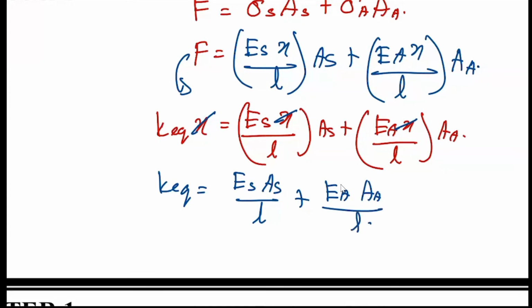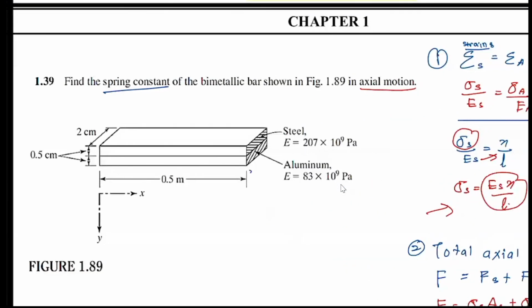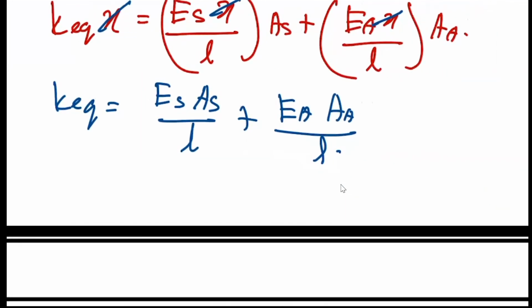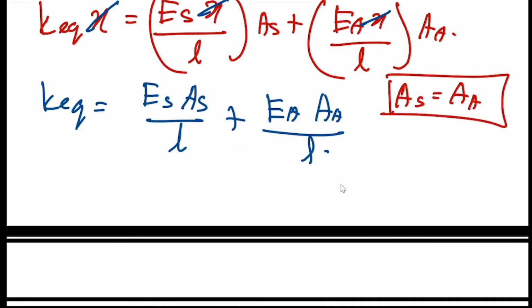All right, understand this? And then just to make your life easier, as you can see, the length for both materials and also the width is the same, right? Because their dimensions are exactly identical. So meaning the cross-sectional area for steel and the cross-sectional area for aluminium is basically the same, right?